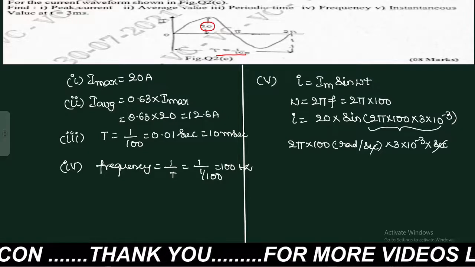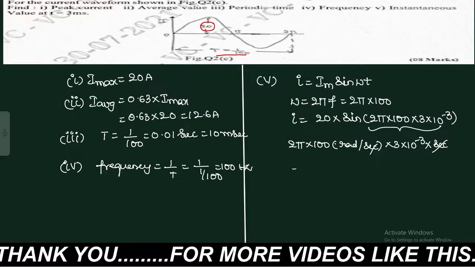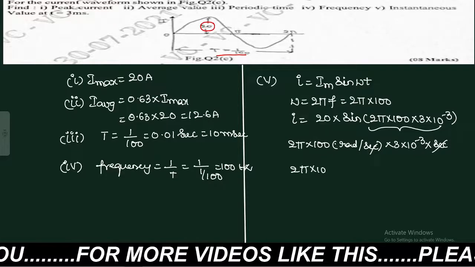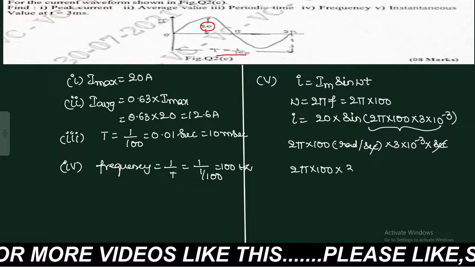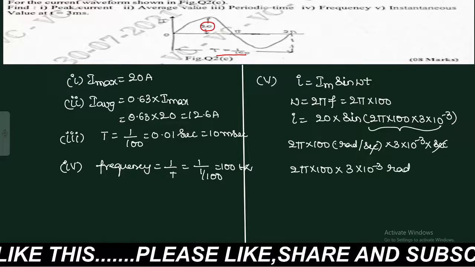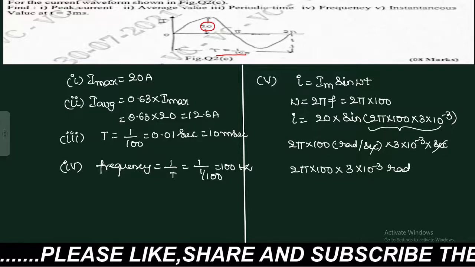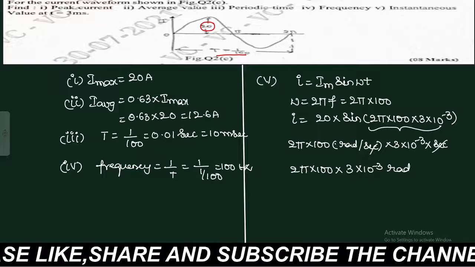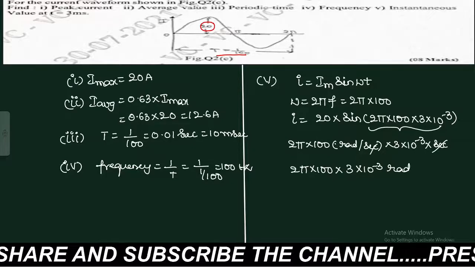So seconds and seconds will get cancelled. The answer you are going to get is in radians, which has to be converted into degrees, because sine of degrees can be calculated easily.